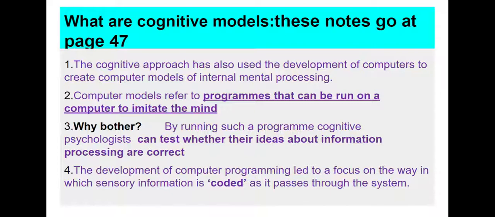So why bother? It means that if you can do this, you can test whether their ideas about our information processing are correct. Okay. And it's also helped with trying to understand how we code or change information as it passes through the system.